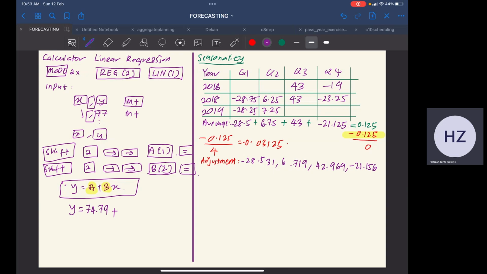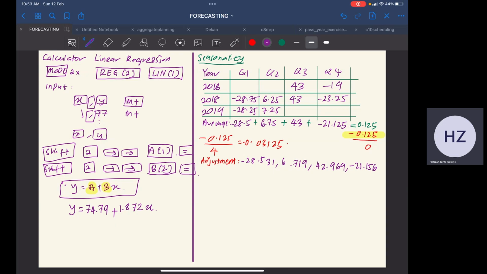For B, press shift again, shift 2 and then right 2 times, and then B is number 2, press 2 and then press the equal sign. So you get 1.872. So you can get A and B from the calculator.